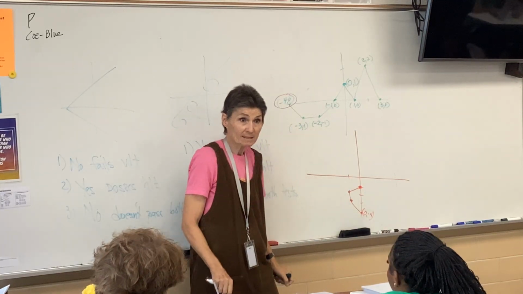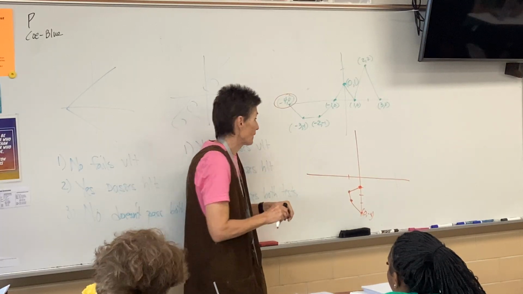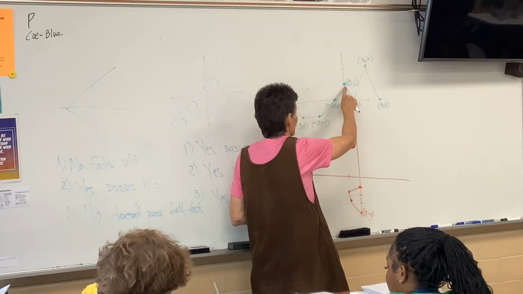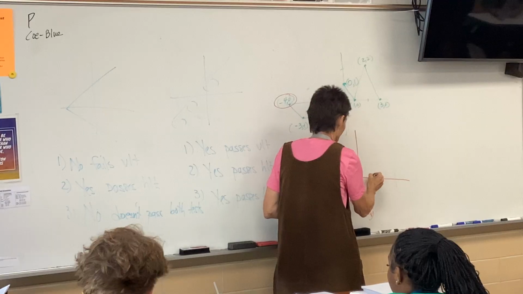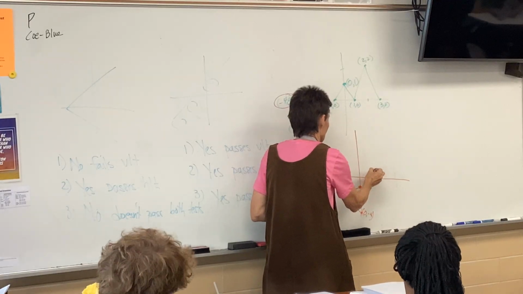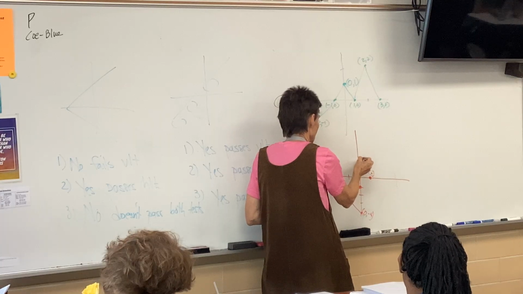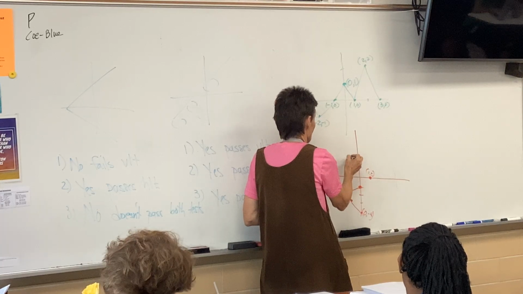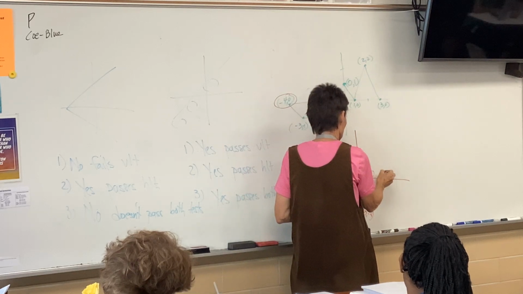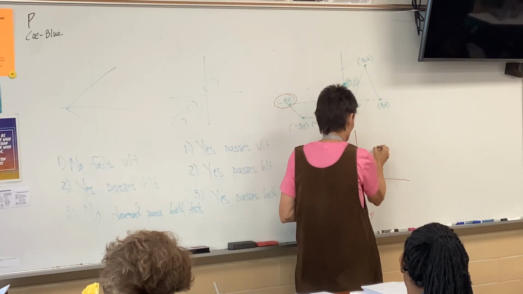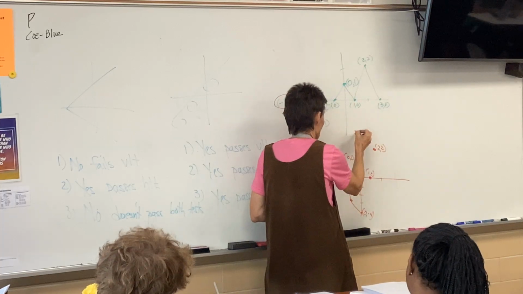On the y-axis, because I changed my variable. All right. That's going to become 1, 0. That's going to become 0, 1. 2, 2 won't change, will it? 2, 2 stays the same. And then 0, 3.